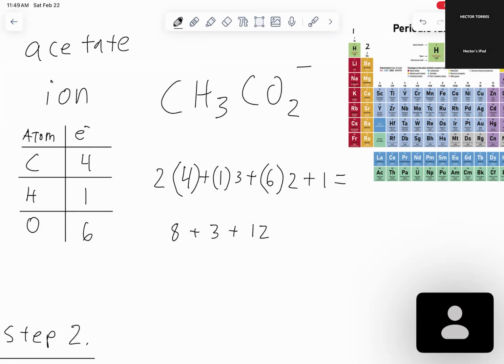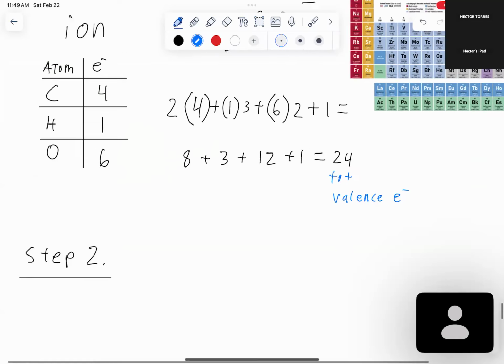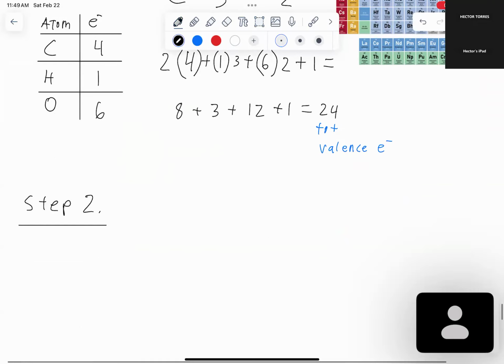Then I almost forgot that extra 1. Adding all this together, we have 24, and this is our total valence electrons in the molecule.